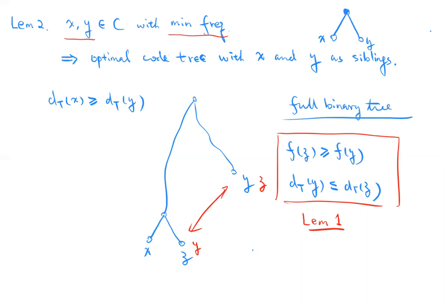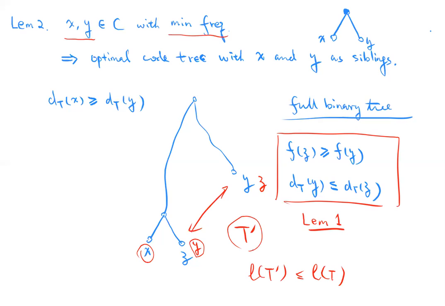That's the new code tree T'. By the exchange property, lemma 1, the cost of the new one is no more than the cost of the old one. Therefore, we have an optimal code tree such that x and y are indeed siblings. That's how we prove this property.